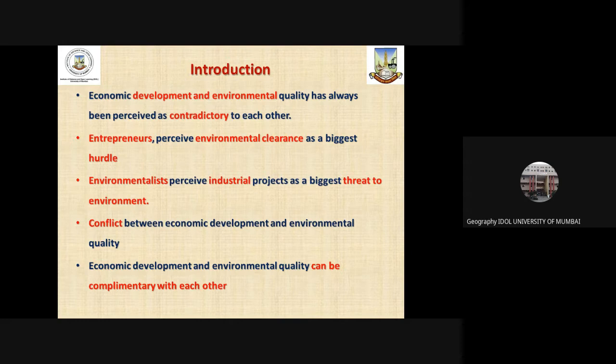And therefore, there has been a continuous conflict among those who are engaged in economic activities and those who are putting in efforts for environmental sustainability. That is the reason why economic development and environmental quality have commonly been perceived as contradictory to each other.